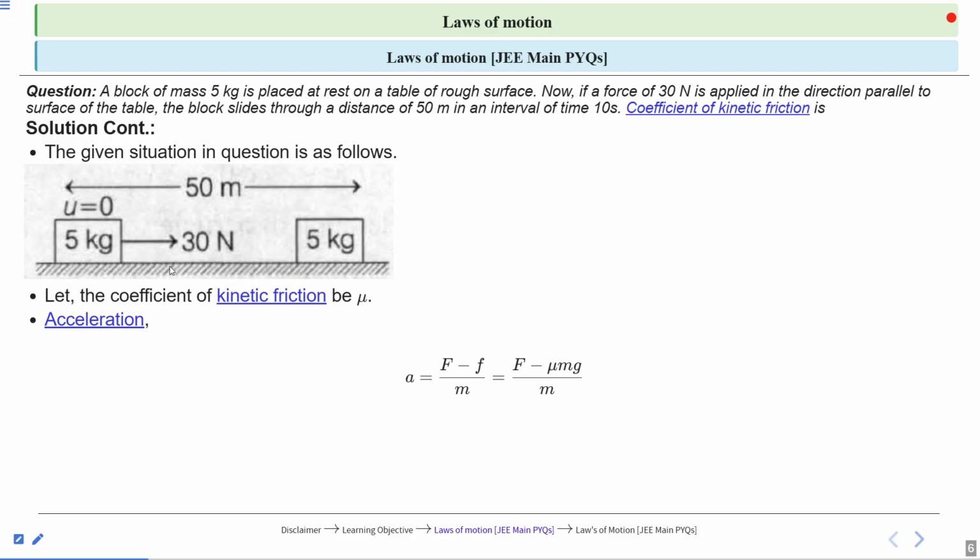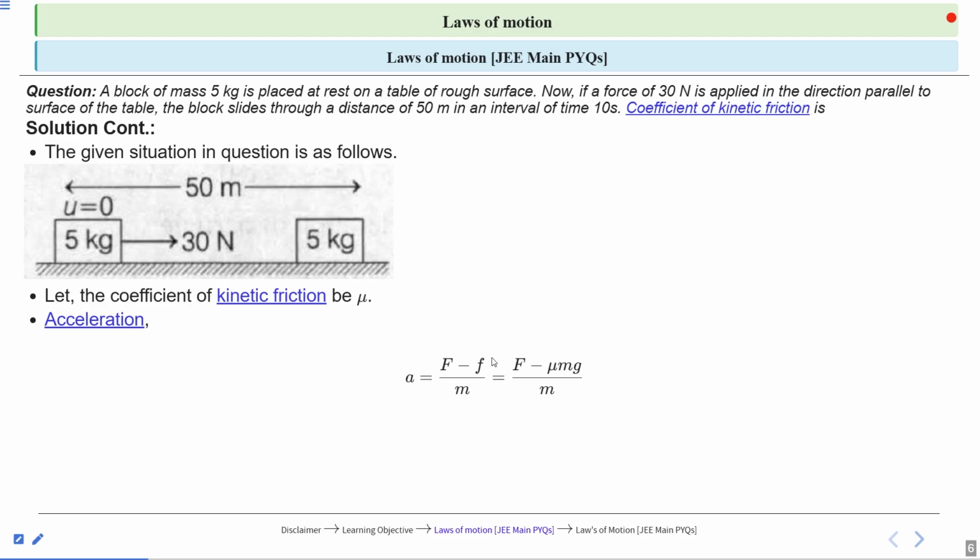Here capital F is 30 Newton. The direction of the 30 Newton applied force is parallel to the surface of the table, and the frictional force opposes the motion and its direction is opposite to the applied force. So here the acceleration is capital F minus small f divided by m. This comes from Newton's second law.